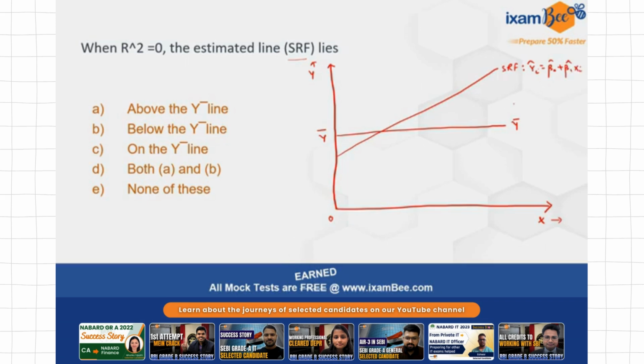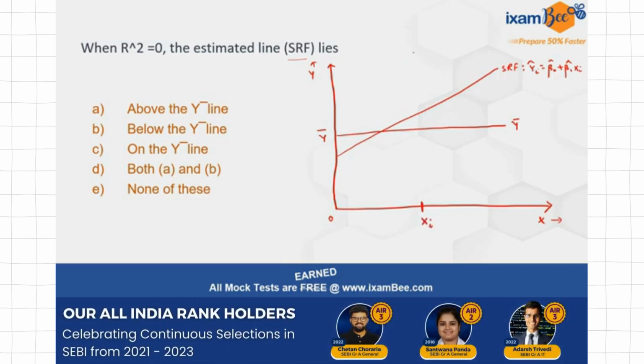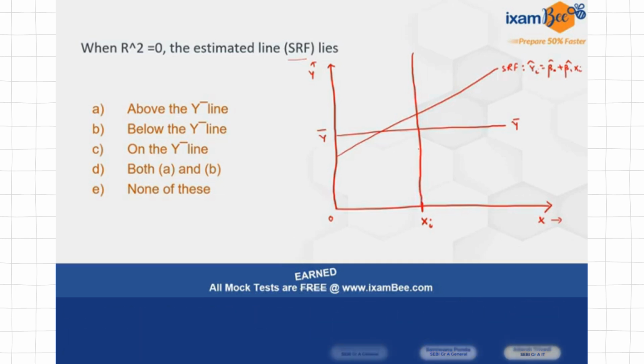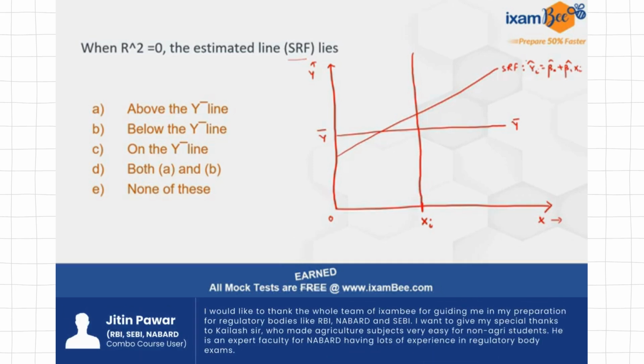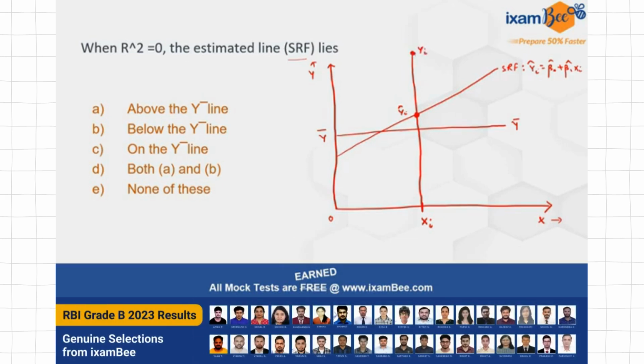Now, for a particular value of xi, let's say I'm picking this point xi. For this value of xi, your sample regression function line tells you that this is the estimated value of yi, which is yi hat. And this point, let's say, is my observed or true value of yi.